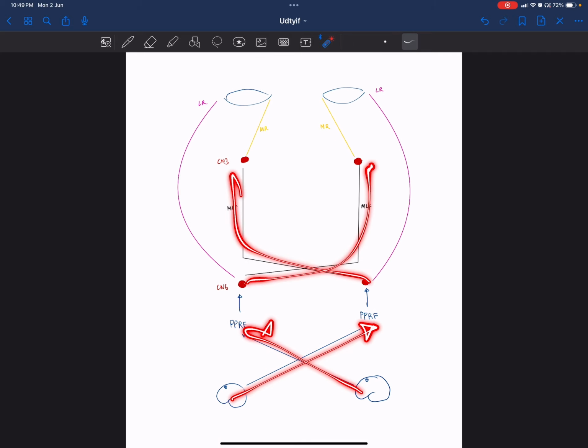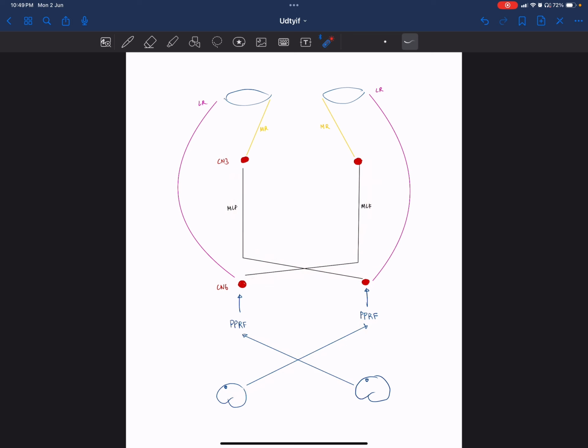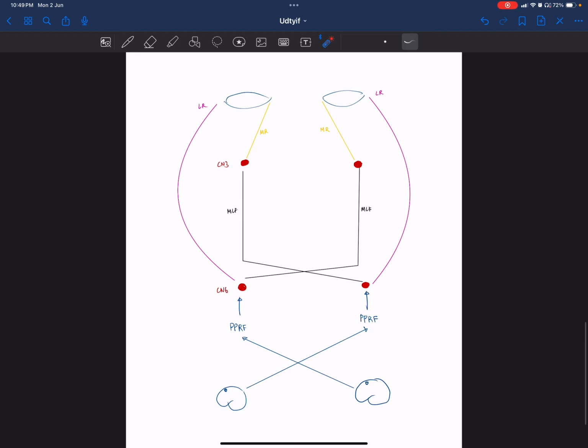Here also it is crossing over. That's the thing. This crossing over will come in handy if you try to study lesions at every level, not just MLF, which is what we are going to discuss in this video, internuclear ophthalmoplegia. Okay, so this was basically how it works.